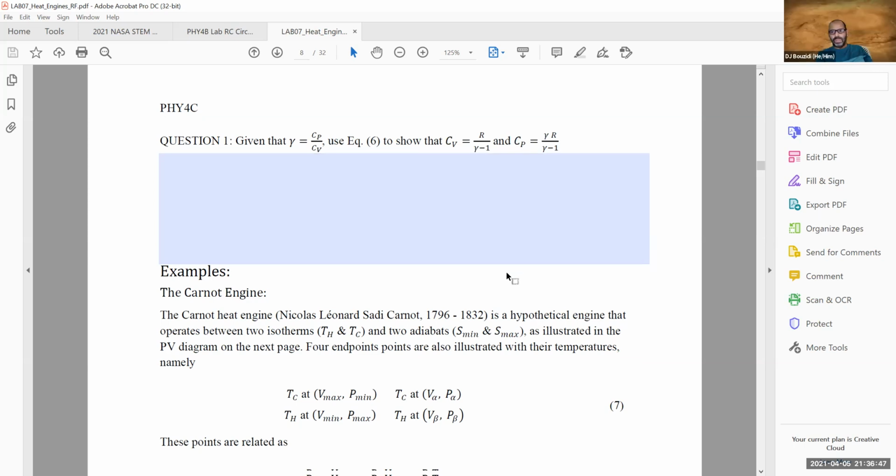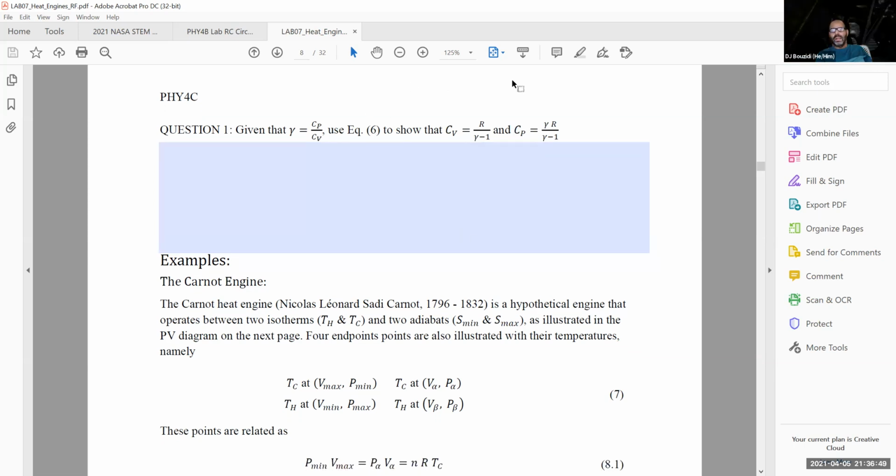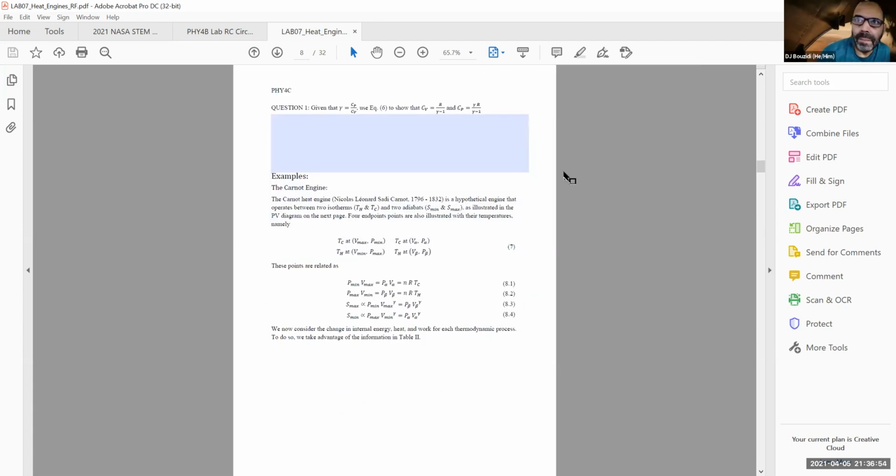Okay, so this is the Carnot engine. We did that in lecture, we did it today. So these are the important steps in it. You have an isothermal, followed by an adiabatic, followed by another isothermal, back with an adiabatic to the starting point, and you have the cycle going clockwise in this fashion.